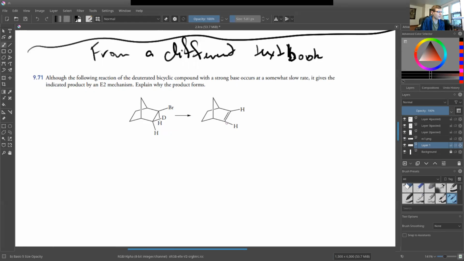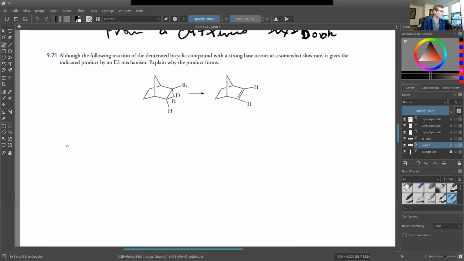And what they say is, at the end, we wind up with these 2 hydrogens coming off, or we wind up with the 2 hydrogens remaining, and the deuterium gets pulled off. Even though the deuterium is right next to the bromine, there's no way you can get the deuterium to be anti-periplanar in this case. Right? So instead, this is syn-periplanar.